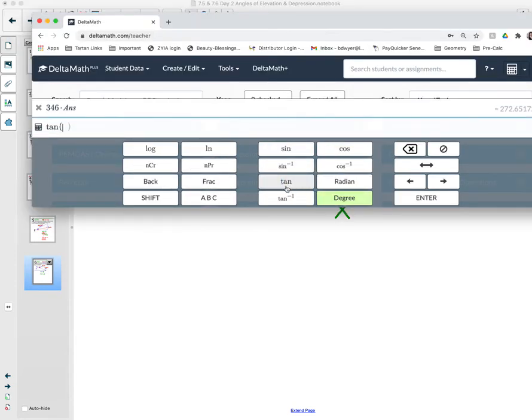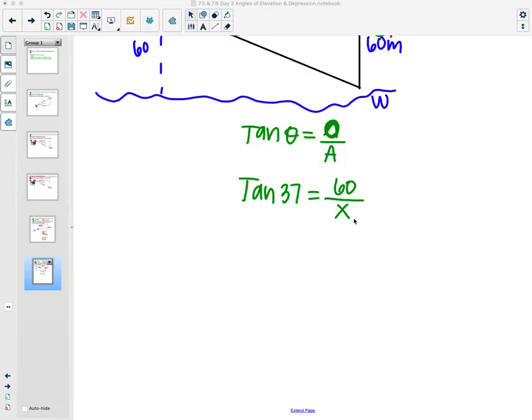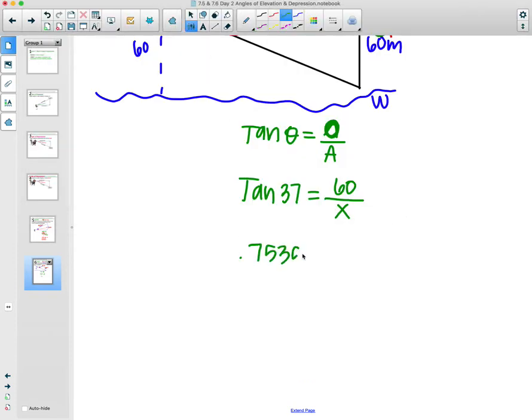So let's go ahead and determine tangent of 37 first. So tangent 37 is 0.7535 equals 60 over X. So this is a fraction, so we'll make this into a fraction and then cross multiply. So on the left here we get X times this decimal, so 0.7535X equals 1 times 60, which is just 60.